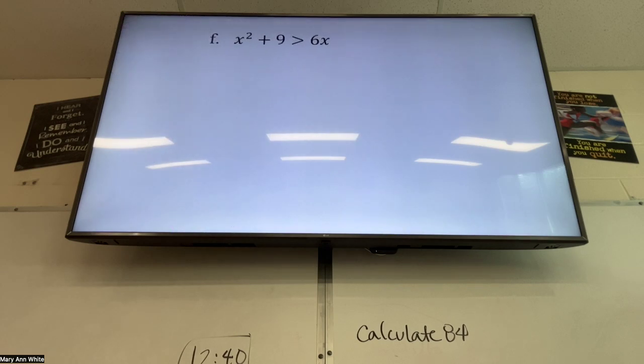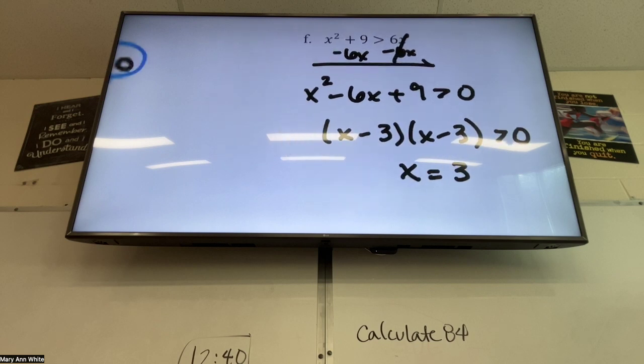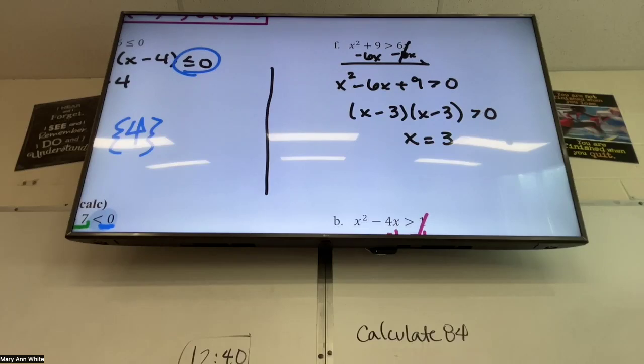All right, last one, same thing. Make sure you move that 6x over before you do anything crazy. This is very similar, except I'm asking for greater than 0 here.